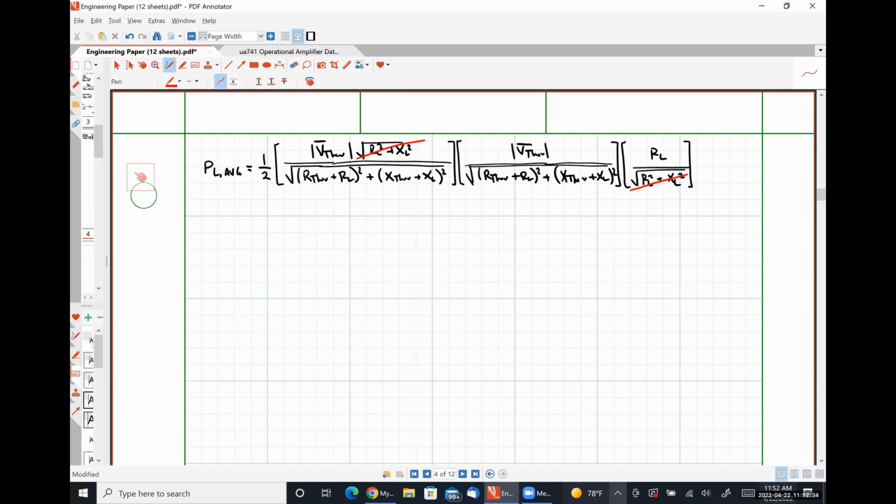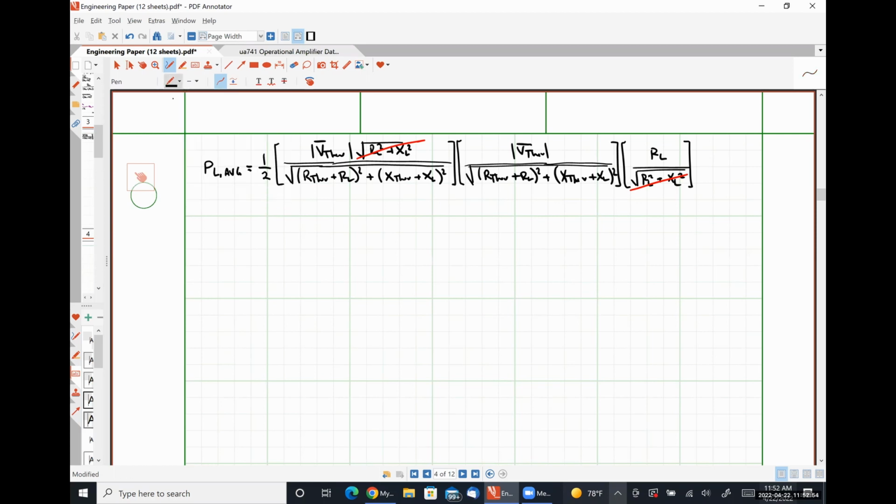Another thing that we can observe is that we're going to have the magnitude of V Thevenin times the magnitude of V Thevenin, which is just the magnitude of V Thevenin squared. And then we have this same denominator, so we're going to get rid of that square root sign. Okay.